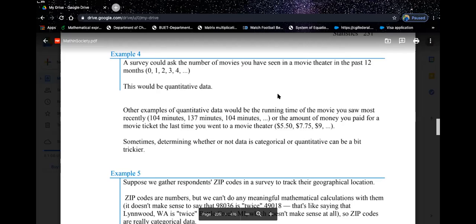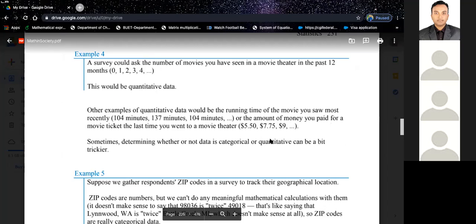So we can actually have different numbers from it. Let's do it as well. I want you to write how many movies you have seen since we started this course on January 21st, I believe. I want you to write in the chat.